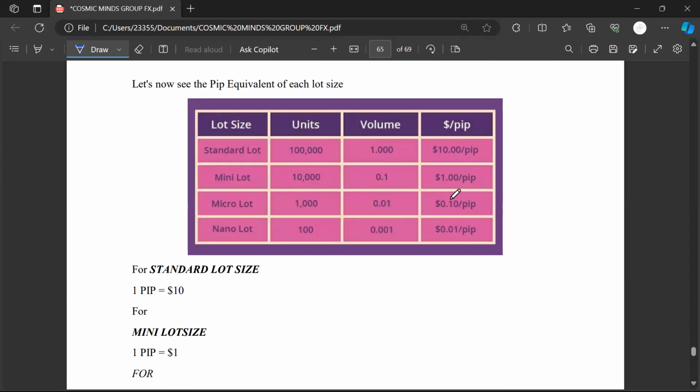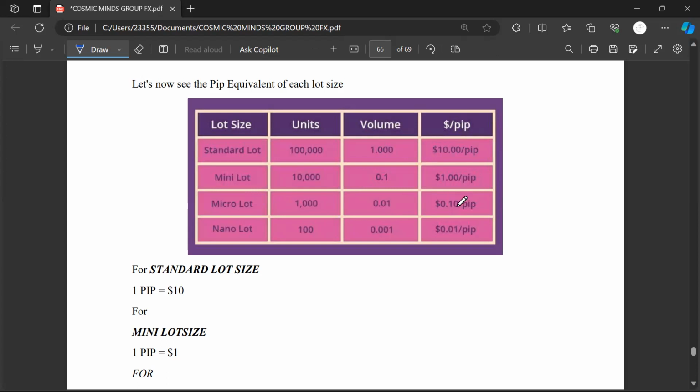The standard lot has a contract size of 100 units. The standard lot is one lot or one volume. For the standard lot, 1 pip is $10. That's what it means, dollar per pip. Here 1 pip is $1.